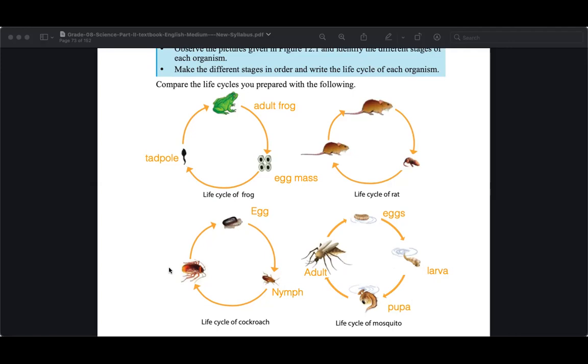Maybe rat babies. So basically they are not changing from the initial morphological features to the adult morphological features. So all are the same.